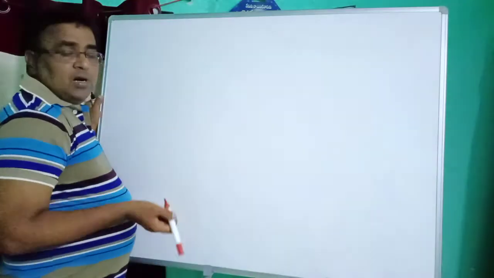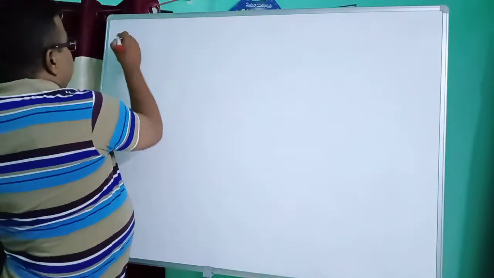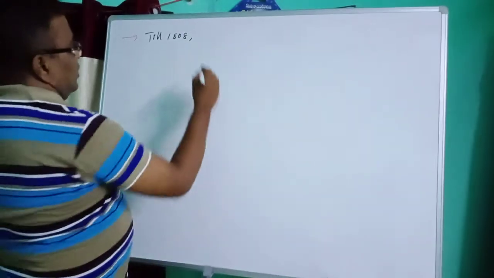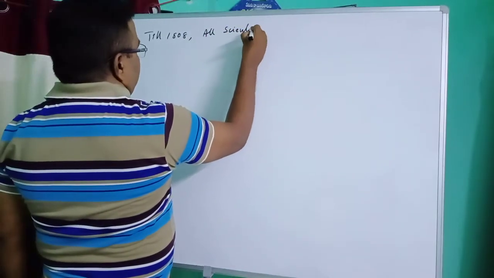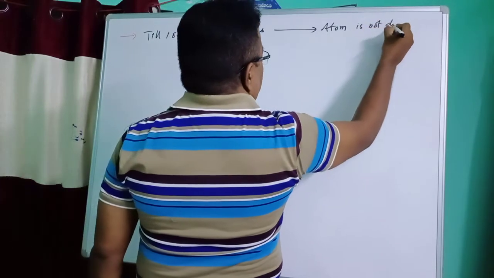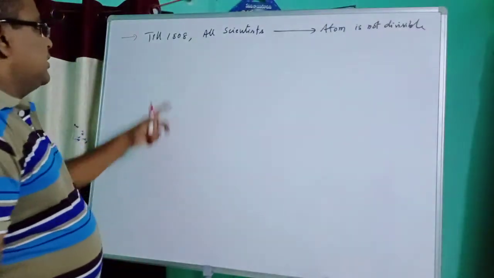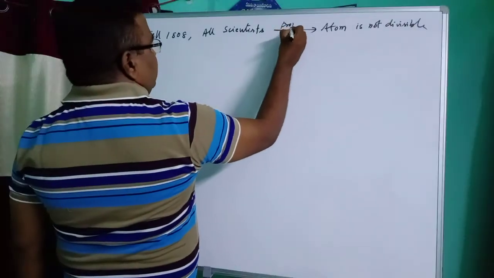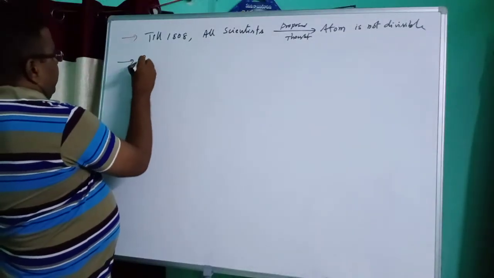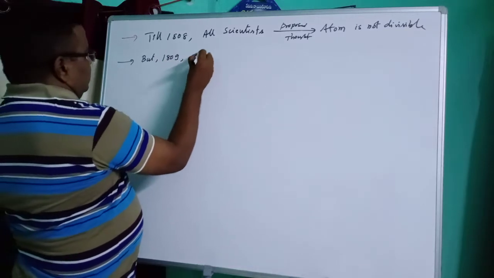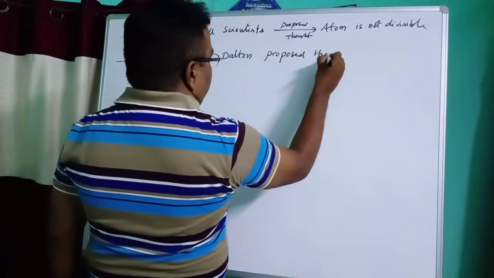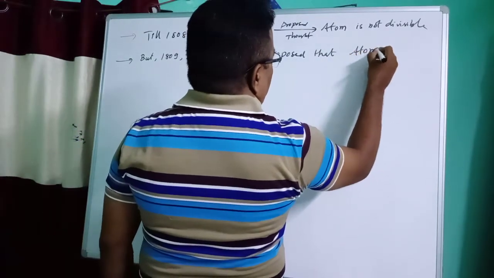So already we know that an atom is not divisible. Till the year 1808, all scientists thought that an atom is not divisible.